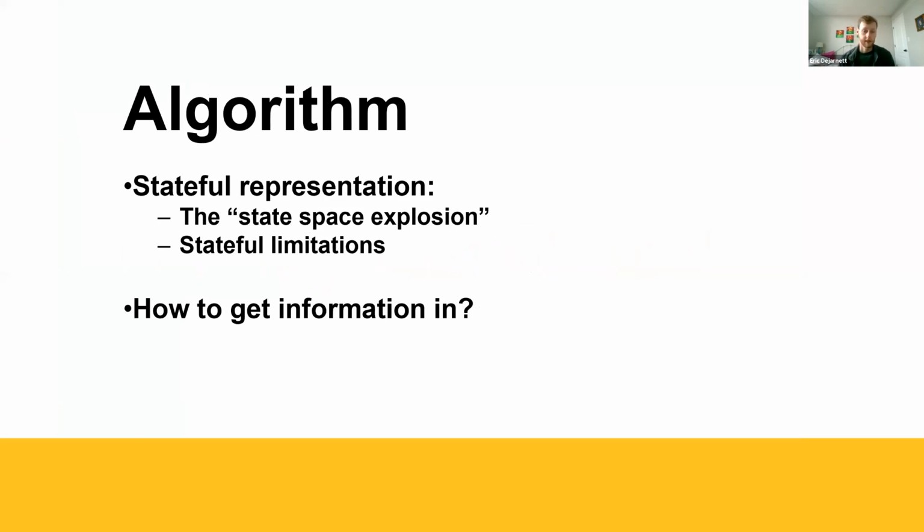We did choose to use a stateful representation and a stateful algorithm for this, which suffers from a pretty serious problem with an awesome name, the state space explosion. Basically, as you add detail to a stateful system, like a stateful model of a system, you increase the number of states exponentially. So say you're modeling a network of 3 computers and they each have 3 pieces of information.